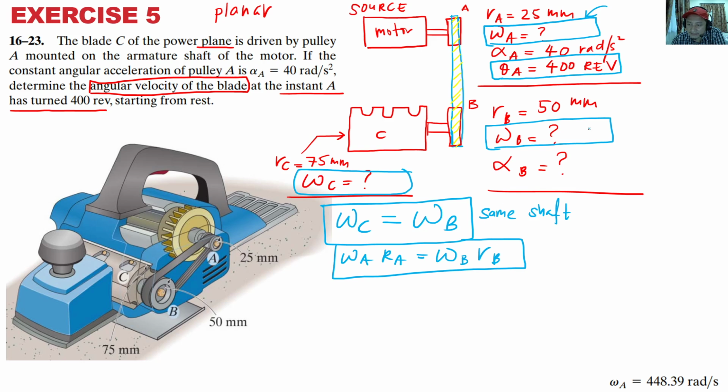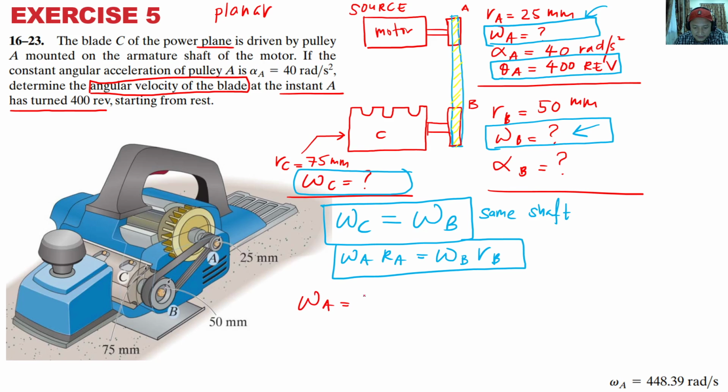If you solve omega B, you solve omega C because they are similar. Okay, so now we gotta know omega A first. Seems so easy, right?